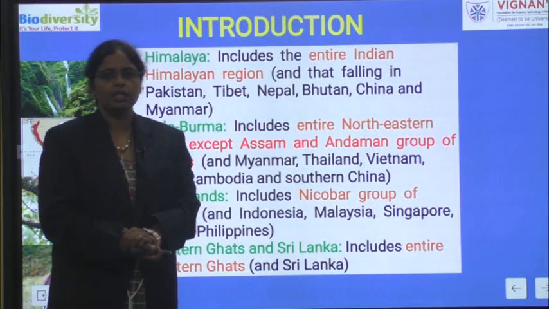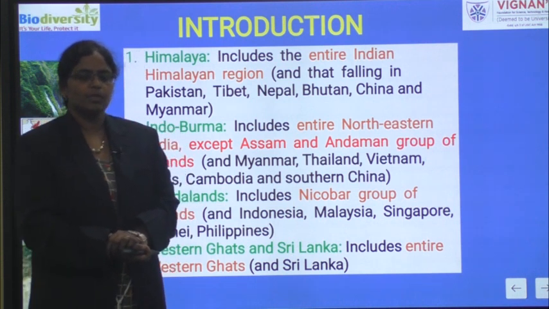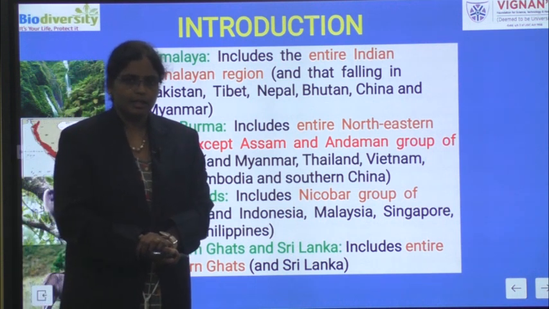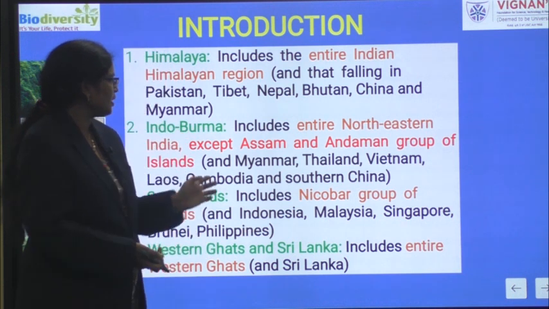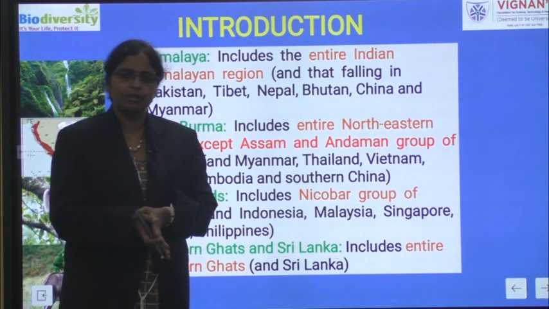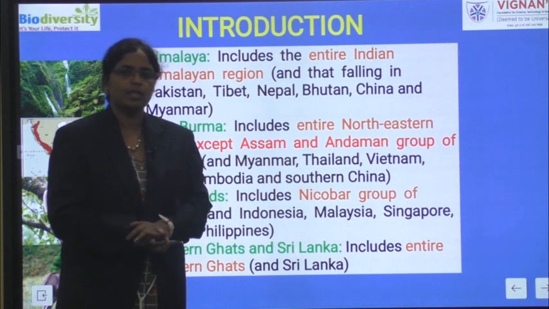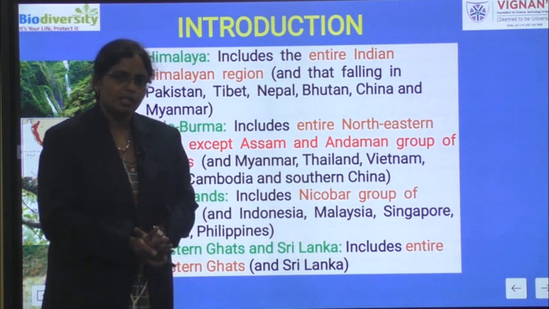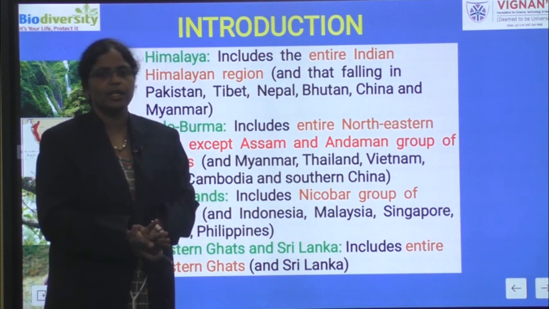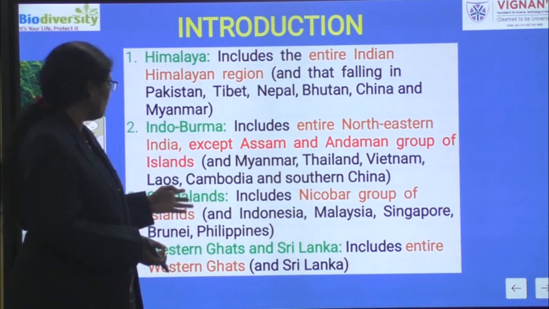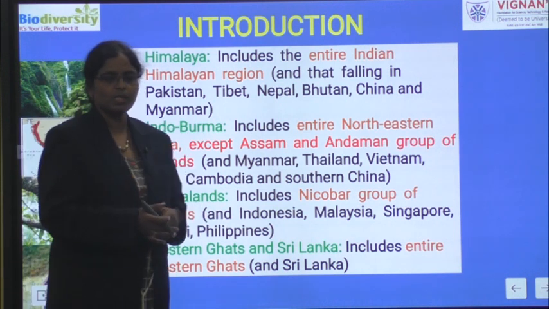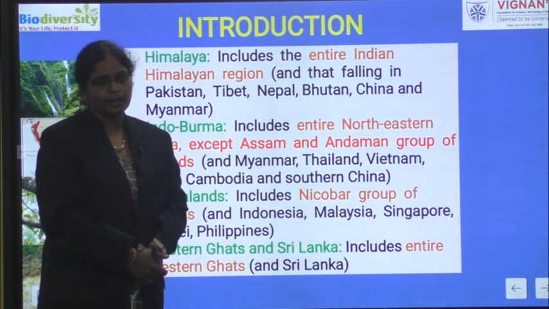So we have seen various hotspot regions in Western Ghats of India, and if you see the introduction part, already we know that there are 4 hotspot regions in India. One is Himalayas, second is Indo-Burma region, third is Sundalands, and fourth is Western Ghats and Sri Lanka.